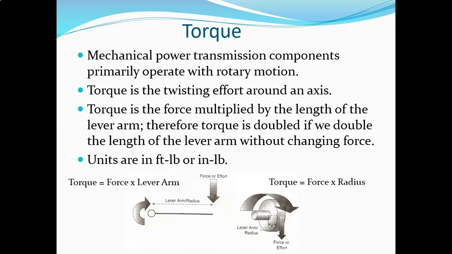Okay, torque. We're in a rotating mechanical system. Mechanical power transmission components primarily operate with rotary motion. Torque is a twisting effort around its own axis. Torque is the force multiplied by the length of the lever arm. Therefore, torque is doubled if we double the length of the lever arm without changing the force.